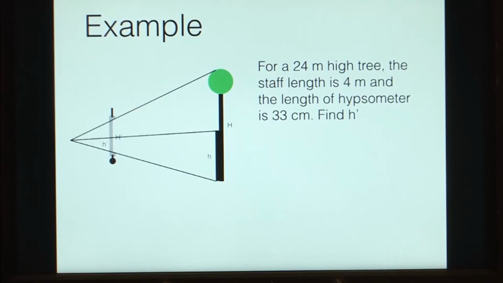For a 24 meters high tree, the staff length is 4 meters and the length of the hypsometer is 33 centimeters. So, we need to find h prime.